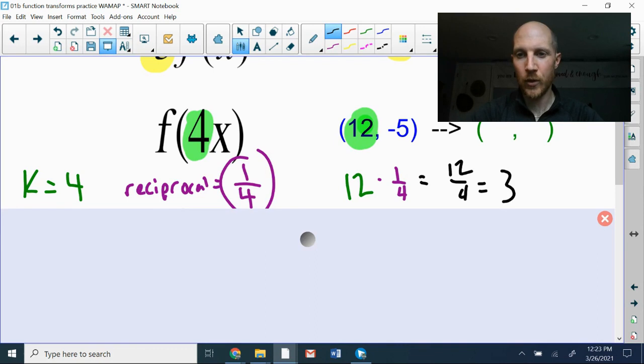That is my new x coordinate. So the transformation is going to give me an x coordinate of 3. The y coordinate this time is unaffected by this transformation. There was no other transformation outside the parentheses. So the y coordinate is going to stay as a -5.